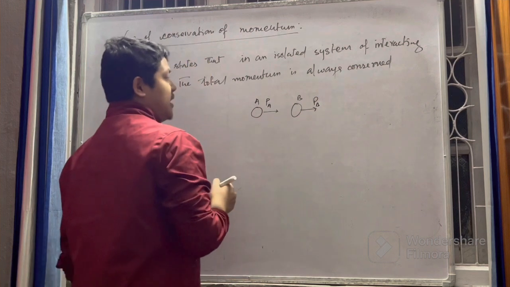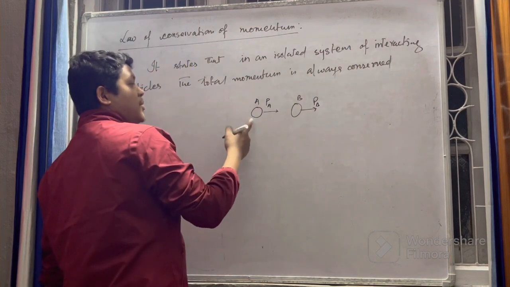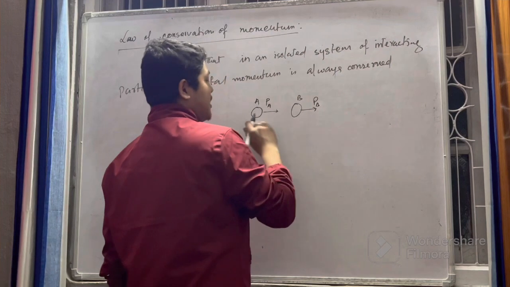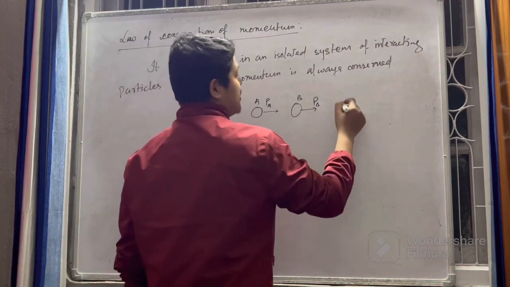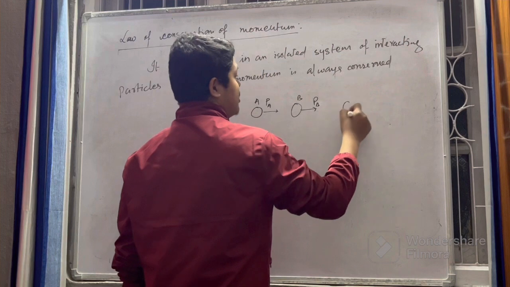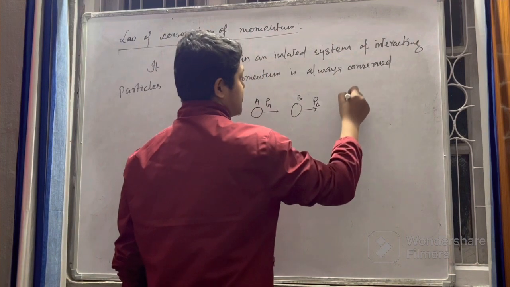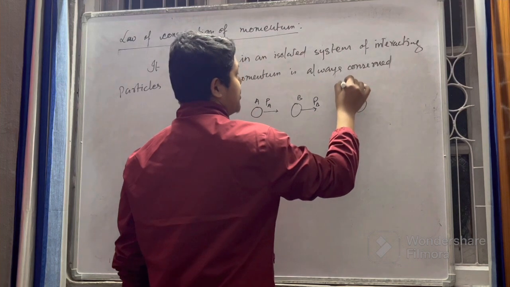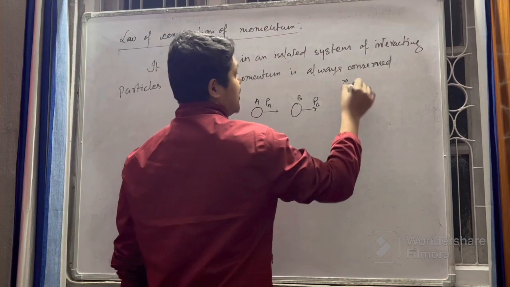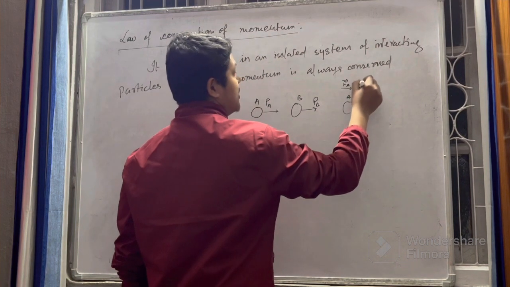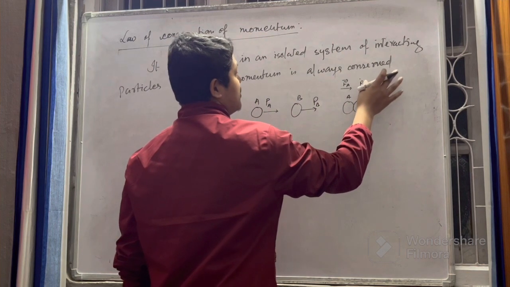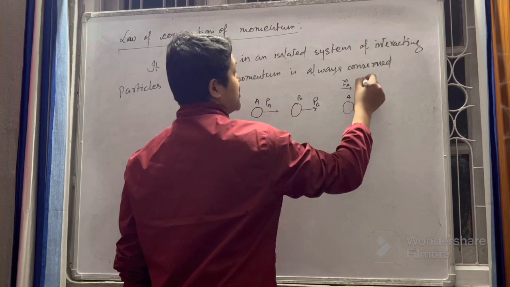And object A is moving faster than B. Then what will happen? Along the same direction, along the same straight line, they will collide, right? This is A, this is B, and the force exerted by A on B is suppose Fa, and the force exerted by B on A is suppose Fb.